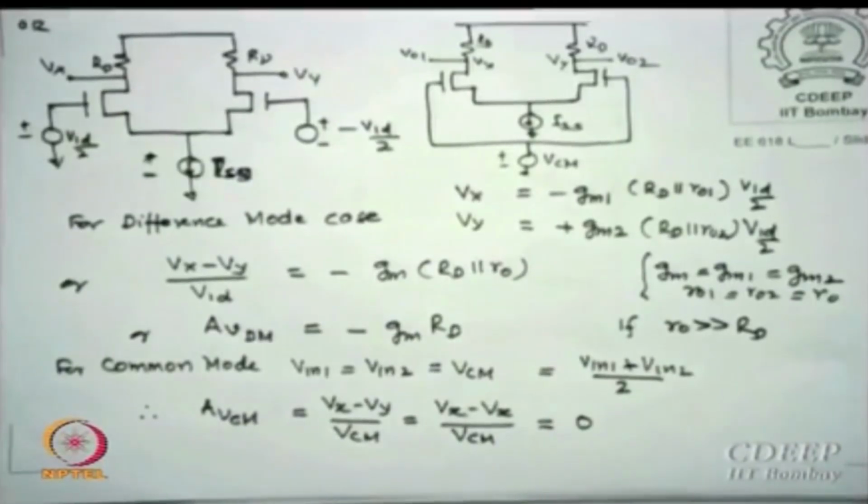Vx being the same as Vy does not mean Vx is 0 and Vy is 0. The transistor is still amplifying, it is not leaving its job, but both sides being identical, the outputs are identical, and therefore the difference of the two is 0. That is the reason we say it is rejected.